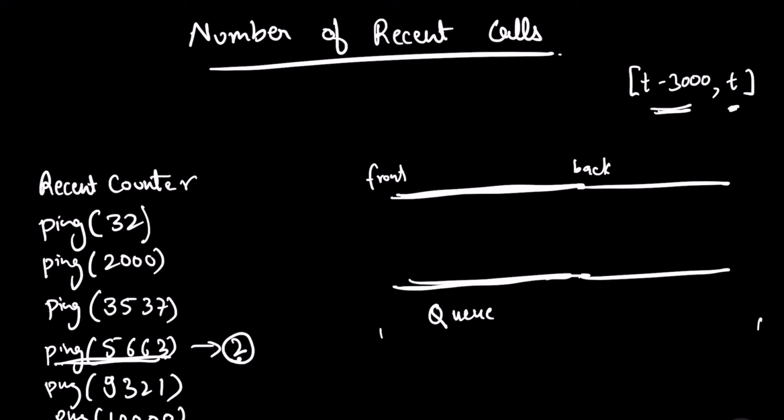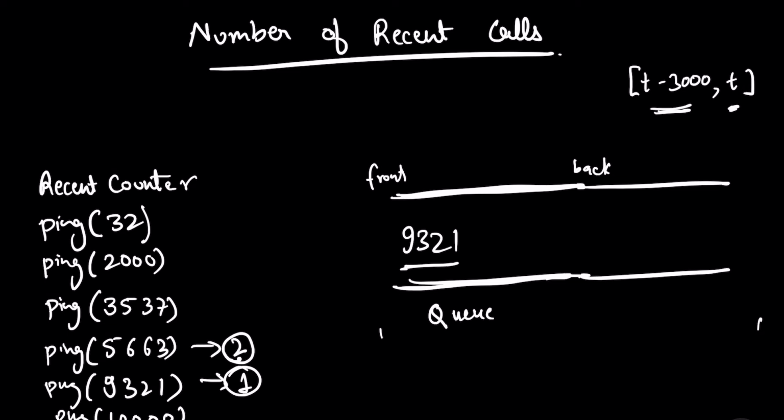So in such a case, we can directly append 9321 to the queue. So let's just write 9321 here, right? And that's it. Now what will our answer be again for this function? It will be 1, because the length of the queue here is 1. So the number of recent calls that happen between 9321 minus 3000 milliseconds and 9321 milliseconds is just 1, which is the call that happened currently itself.